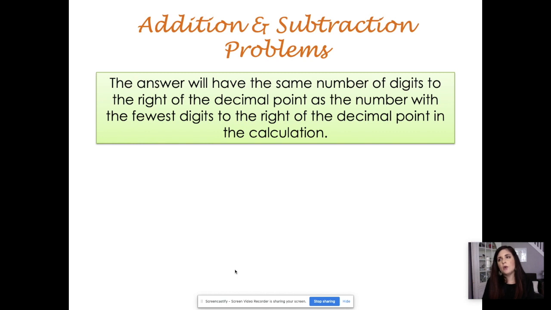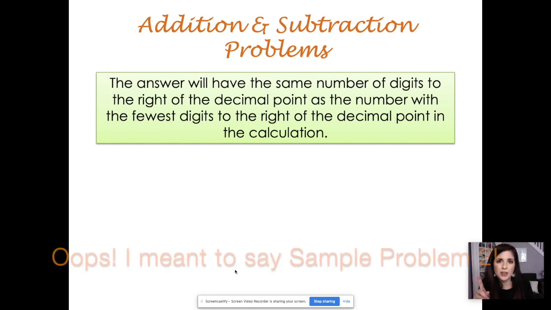So again, we can't be more precise than our least precise value. That's the whole idea behind this. So we have to look for what value in either of these operations has the least number of decimal places after them. And that's how we're going to round the number.